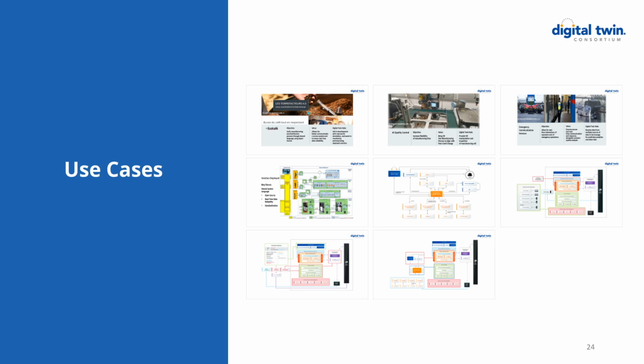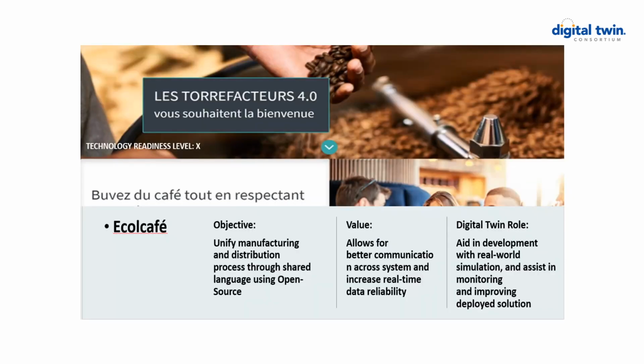In the paper, we have 3 use cases, and I'm going to talk very briefly to these; the details are in the paper, and we're always happy to point you to the members who are leading on these use cases as well. We have a fascinating case looking at manufacturing and distribution around coffee.